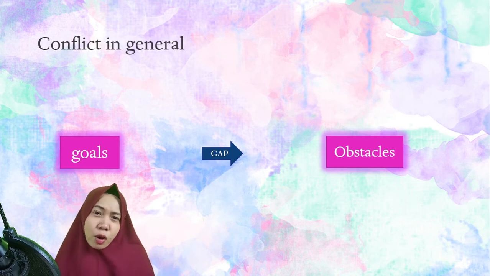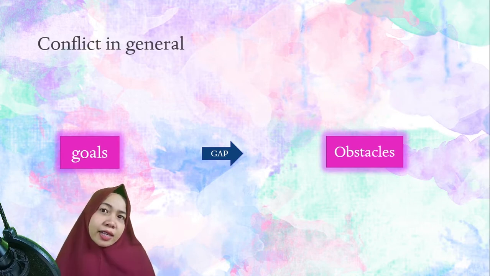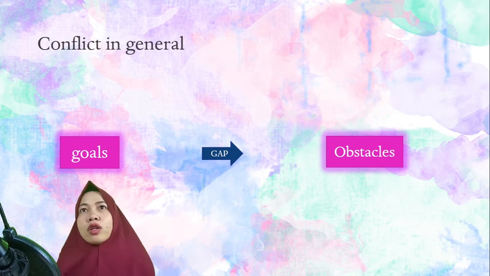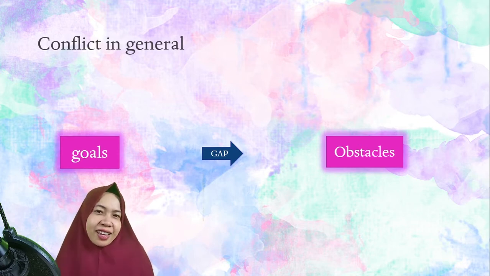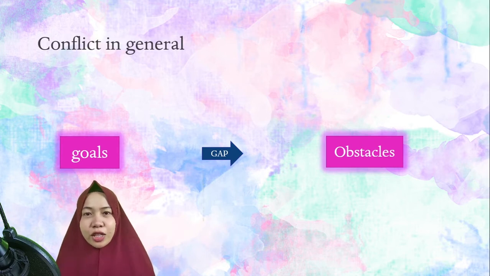So, for example, your character wants to get a scholarship, wants to go abroad, for example to Australia, but what does the reality say? What reality needs to be faced?